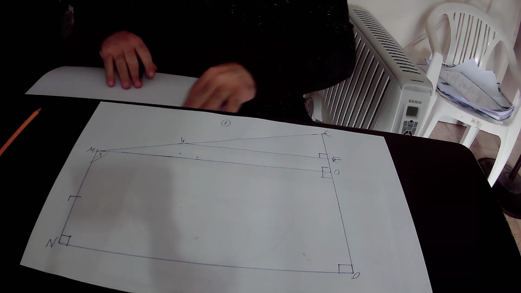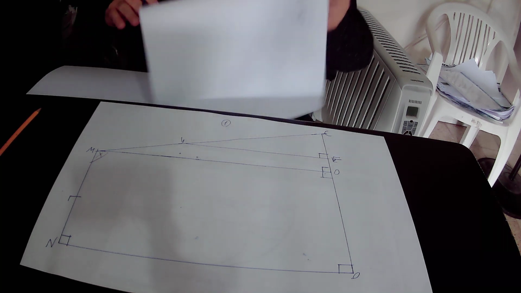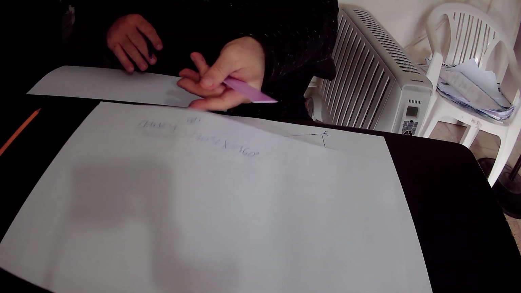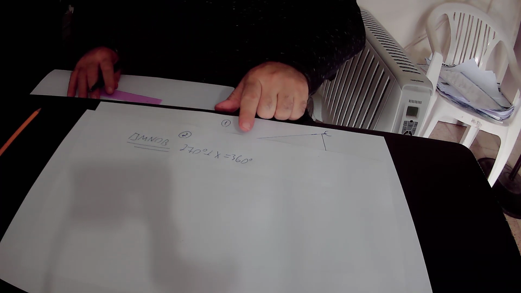I repeat again. The sum of the angles in any quadrilateral is equal to 360 degrees.